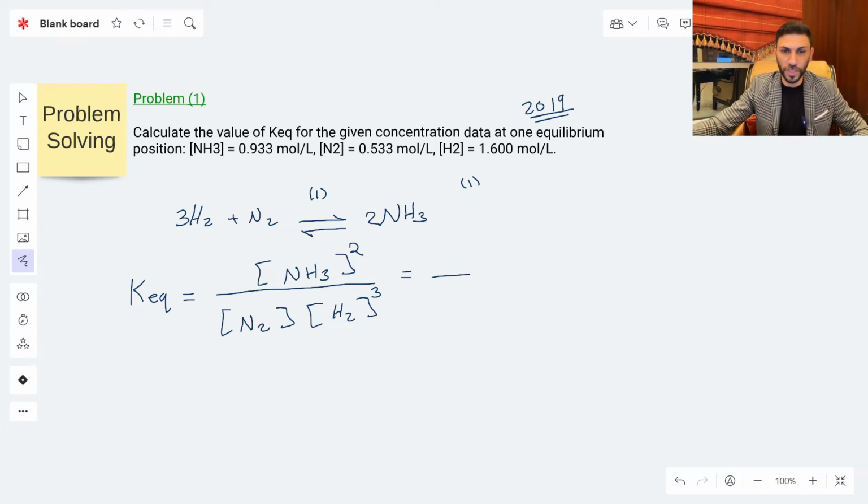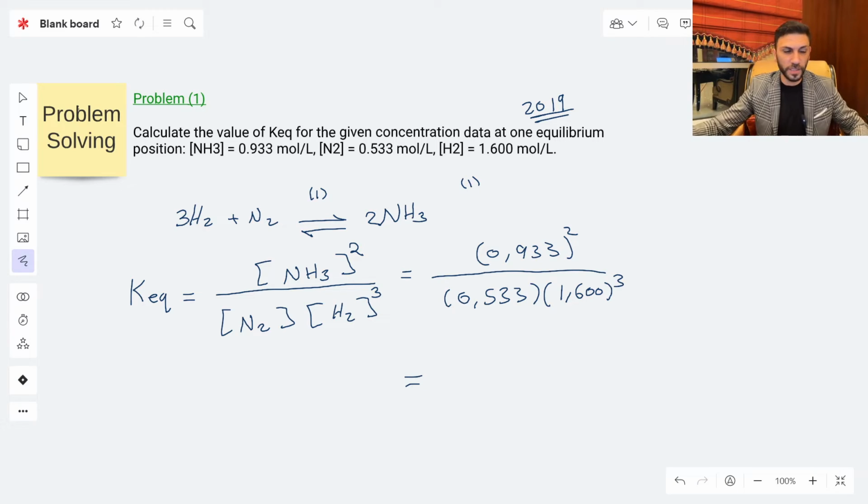Now all you need to do is to substitute the numbers for each species. So for NH3 it is 0.933 to the power of 2, divided by, for N2, 0.533 to the power of 1, multiplied by, for hydrogen, 1.600 to the power of 3.